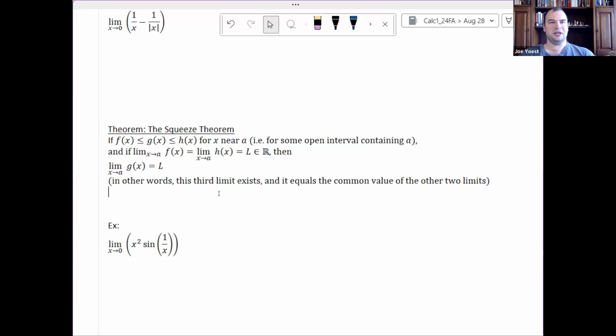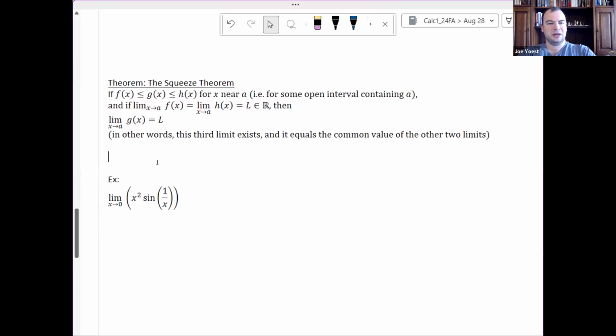Particularly near the end of Calc 2, this idea is really important for certain laws that apply to series, basically infinitely long sums. So we're introducing the theorem here because it is part of this material. It might be of limited importance for the time being, but later on it does have some important roles. And this is the idea of the squeeze theorem.